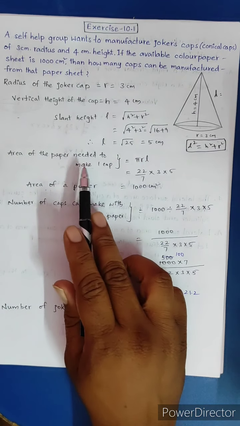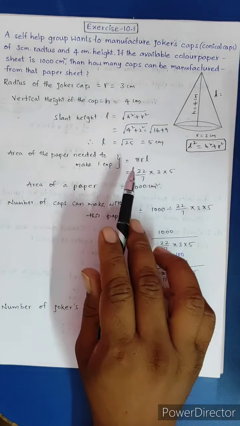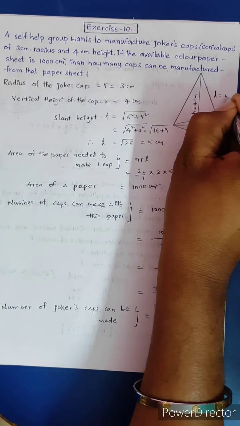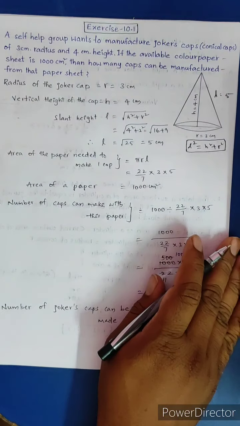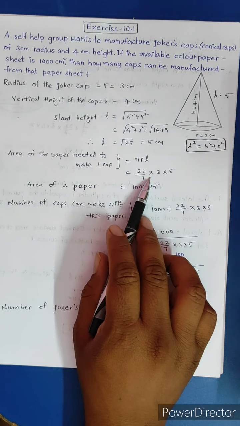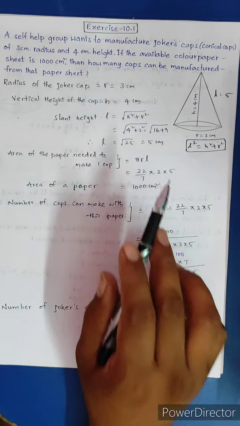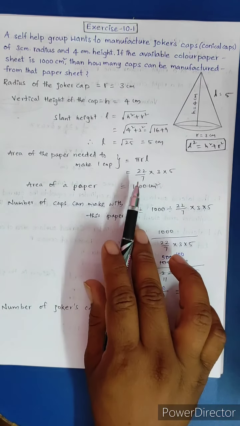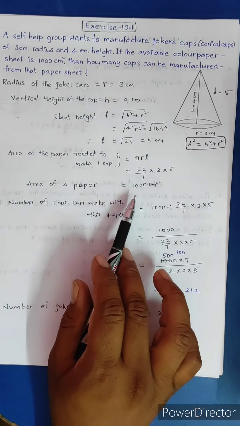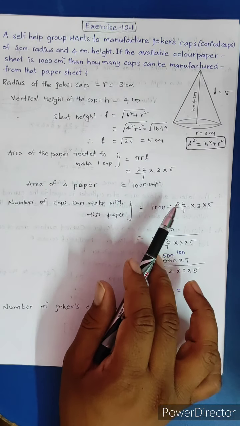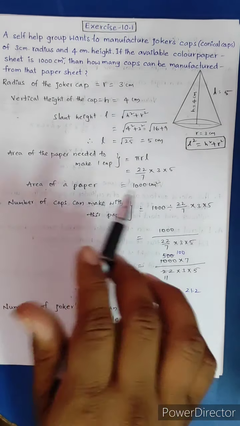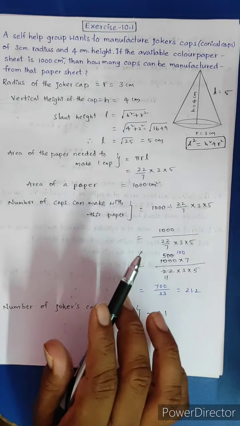Area of the paper needed to make one cap is equal to the lateral surface area of a cone, pi R L. Pi value 22/7 into R 3 into 5. Now the area of the paper is equal to 1000 centimeter square. How many such caps can we prepare using 1000 centimeter square paper?